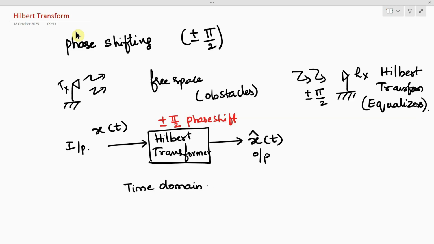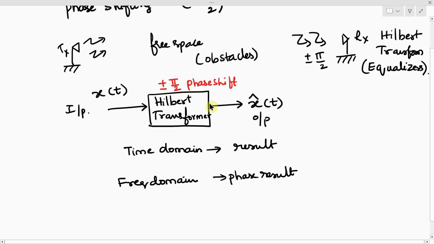In the time domain, maybe we see the result directly, but all this phase shift concept, whatever we are going to see, will be explained only in the frequency domain. So if I want to do all this explanation in the frequency domain, I definitely have to use the Fourier transform.